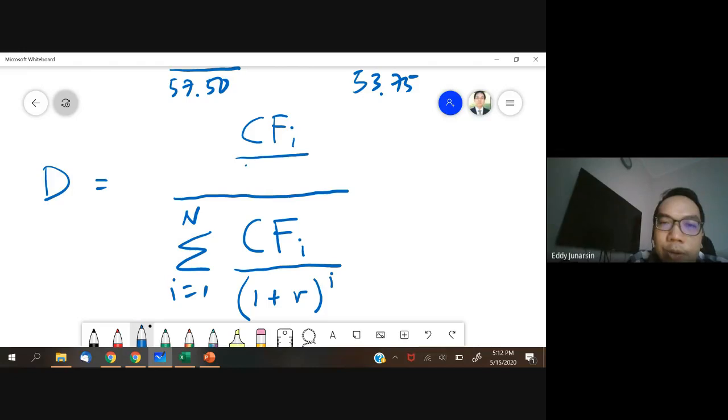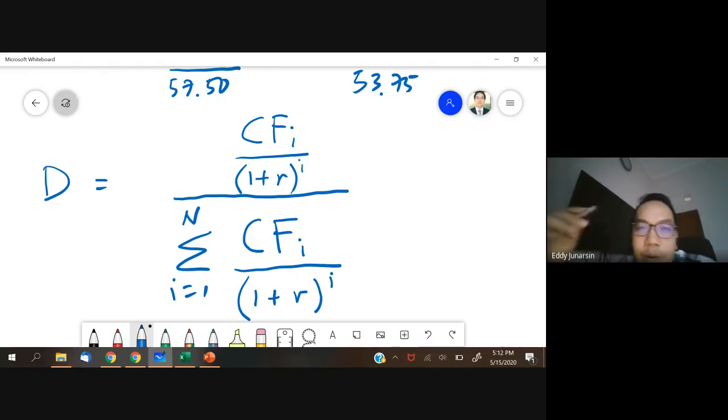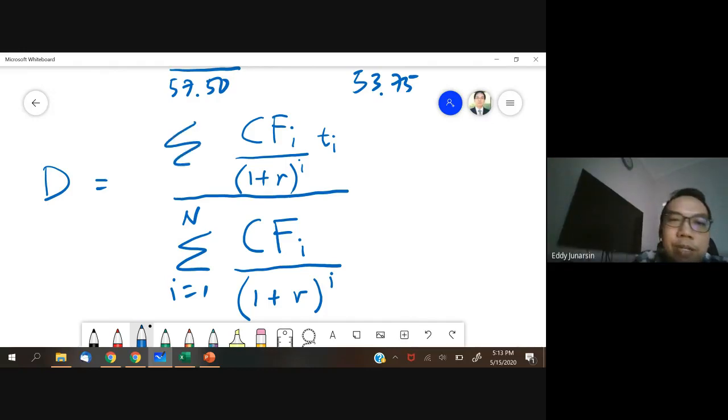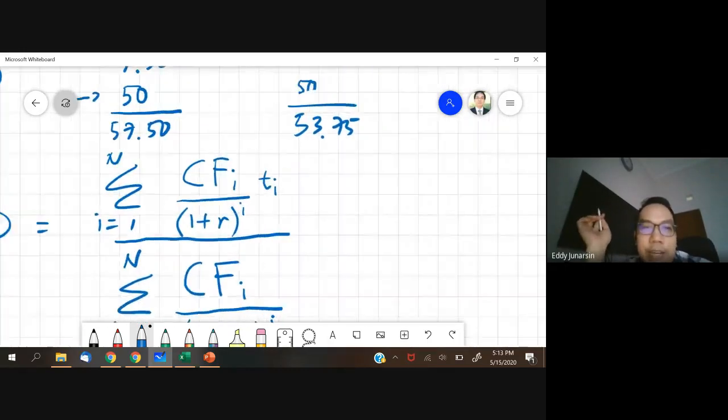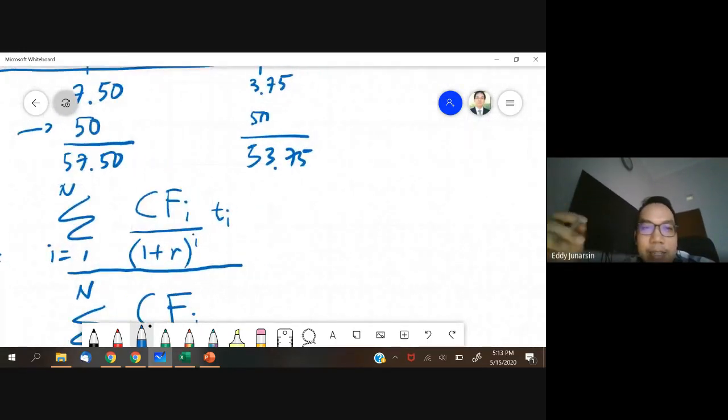And then we discount them back at a certain interest rate. But now, before we sum them together, we multiply by the real time. T is the time, the real time. And then we sum them all. It looks complicated, but it's actually very easy. You'll see in a little while.